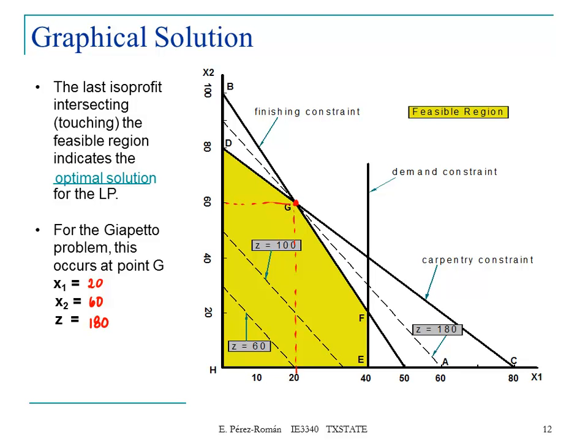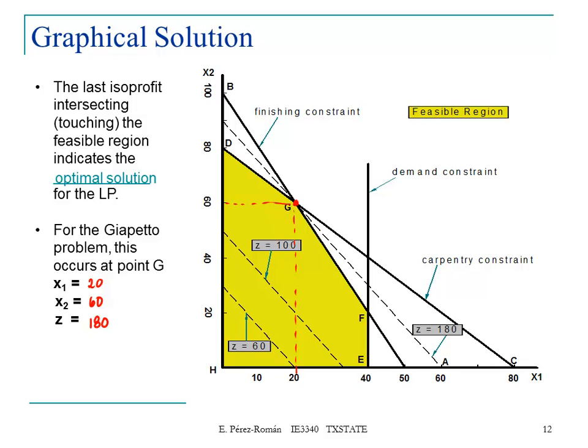And we also draw those isoprofit lines to identify our optimal solution, which is this point right here, where x1 equals 20 and x2 equals 60, giving you an optimal solution of 180 in terms of profit. Okay, so you remember how to solve the problem. You were basically plotting those constraints, finding the feasible region, and finding the optimal solution.